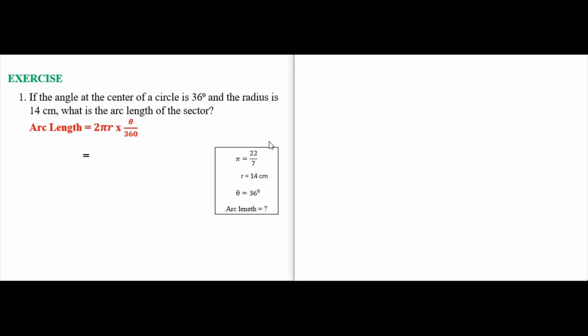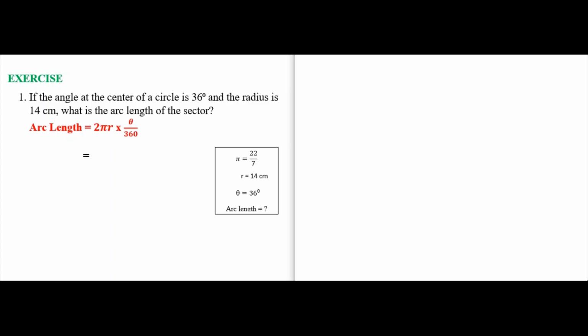Pi is 22 over 7. Radius is given in the question as 14 centimeters. And theta is also given, that is 36 degrees. Therefore, we have to find the arc length. Since I have the equation in my notes, I'm not going to write it again, but let's see how we're going to simplify this.